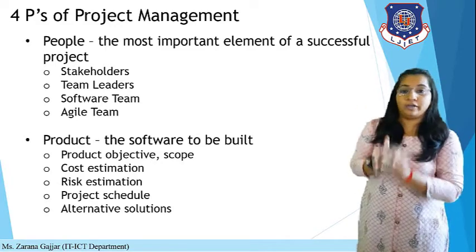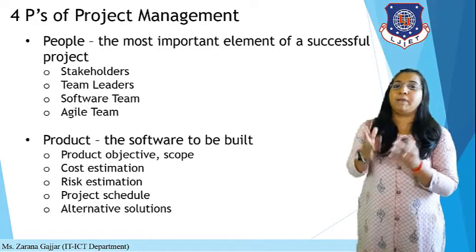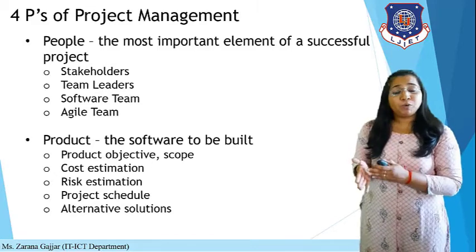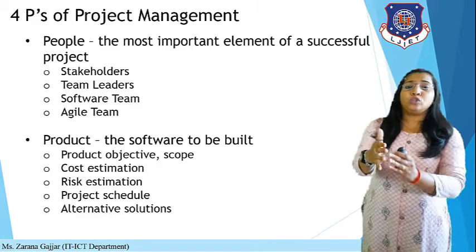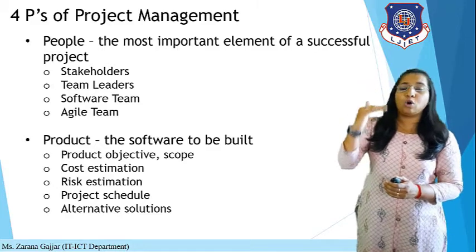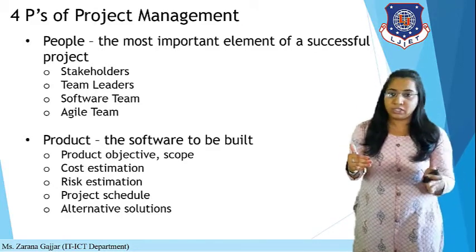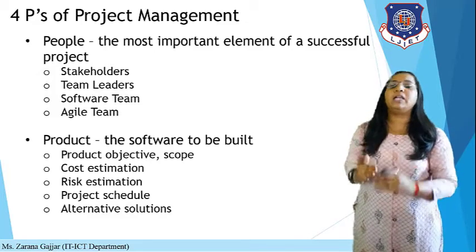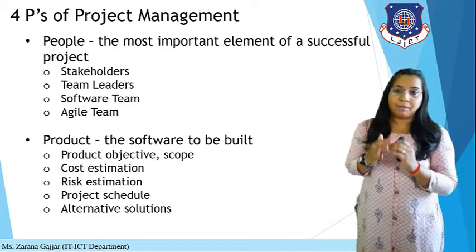Then a software team can be identified by three types: chief programmer team, democratic team, and mixed team. In a chief programmer team, there is a senior manager or project manager followed by multiple software engineers. The software engineers report to the project manager.